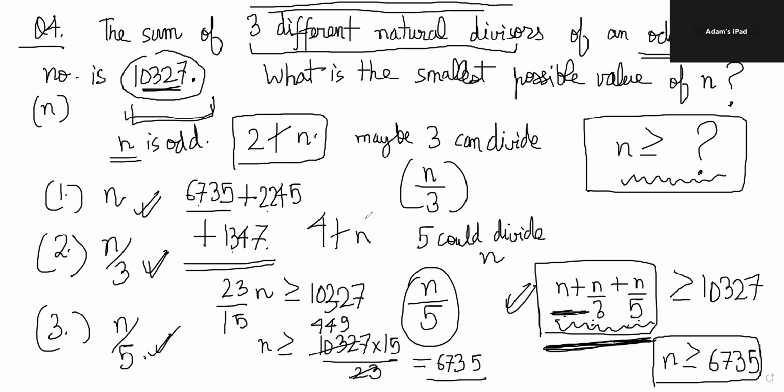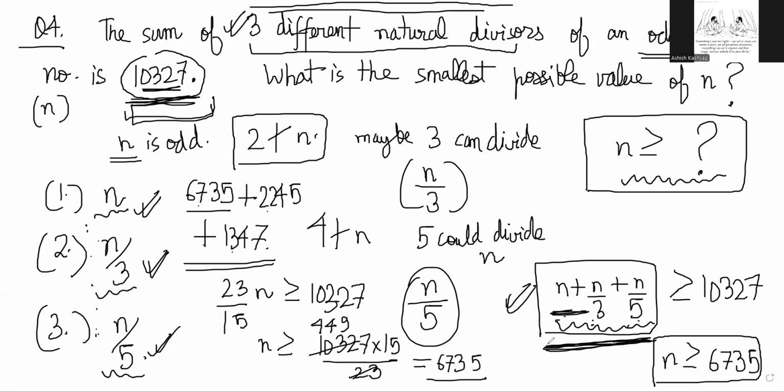So what we have done here is we have looked at the sum of 3 different natural divisors, which has to be this. So we thought of the biggest possible 3 divisors. We know by the complementary divisor method that these are the divisors that are possible.